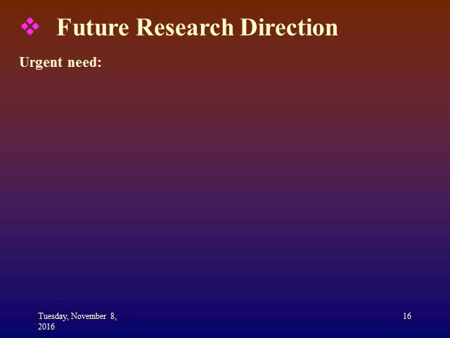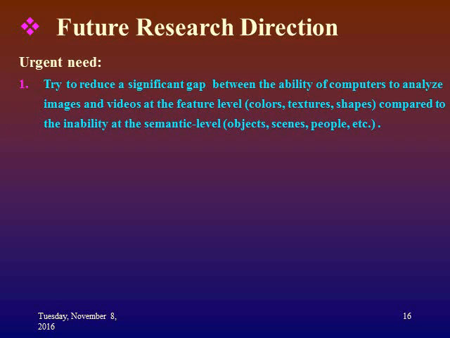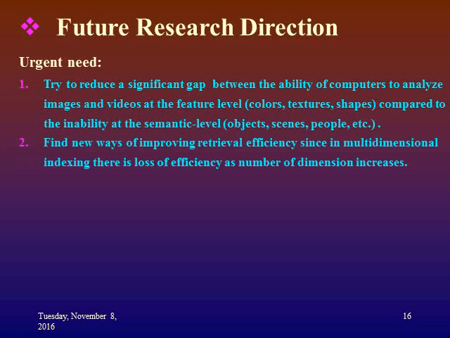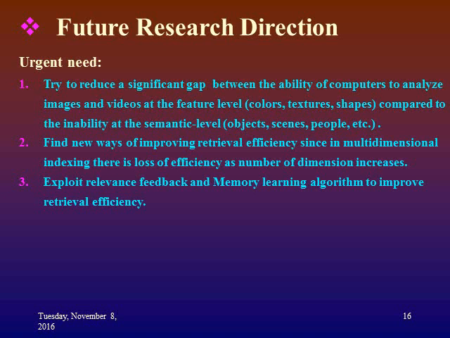So future research direction. What is the urgent need? There needs to be a reduction in the significant gap between the ability of computers to analyze images and videos at the feature level, that is color, texture and shapes, compared to the inability at the semantic level, that is objects, things and people, etc. So finding new ways of improving retrieval efficiency, since in multidimensional indexing there is a loss of efficiency as the number of dimensions increases, and exploit relevance feedback and memory learning algorithms to improve retrieval efficiency.